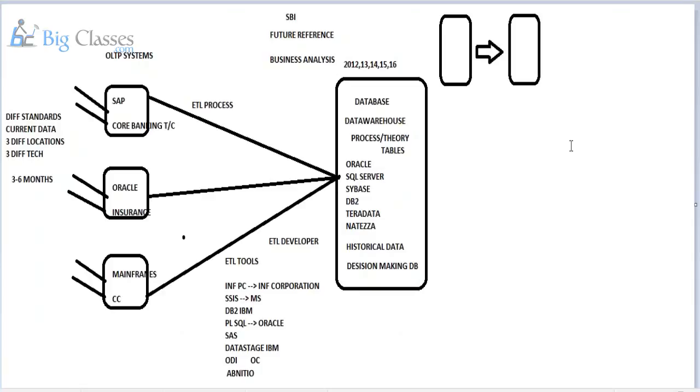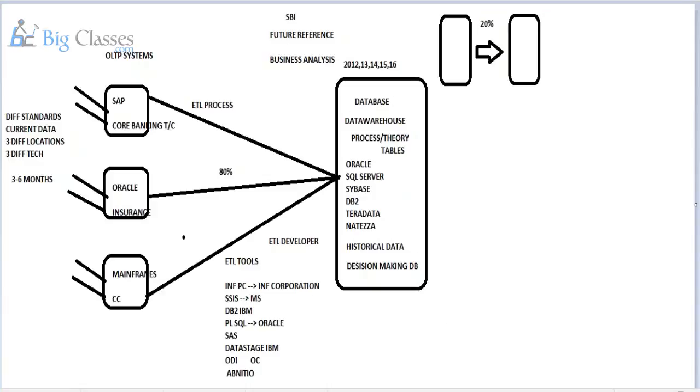So 80% of Informatica PowerCenter is used in data warehousing projects for building the data warehouse, and 20% is used in the data migration process. So these are all the different things that you have.